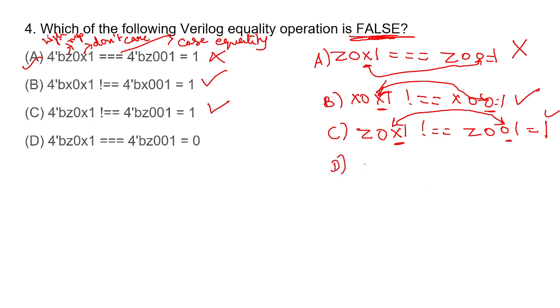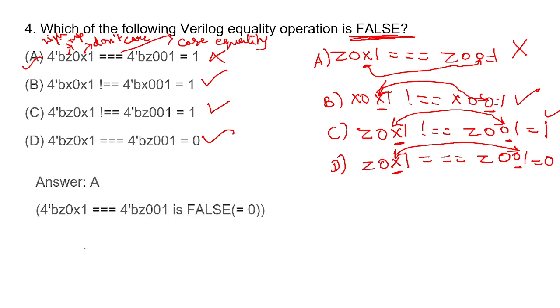Option D is Z0X1 equal to Z001. This bit and this bit are different, so this will not be equal. So option D is also correct. So the false statement is option A.